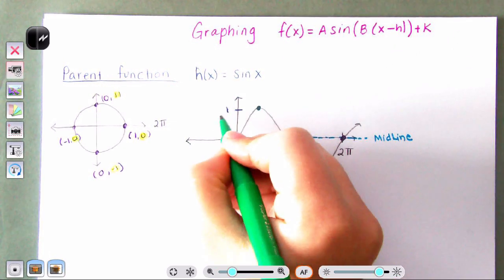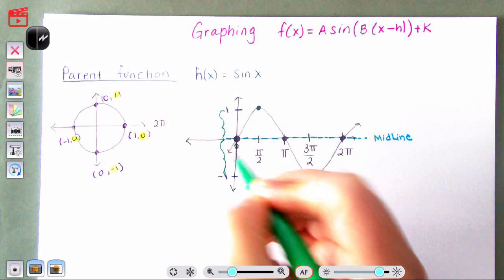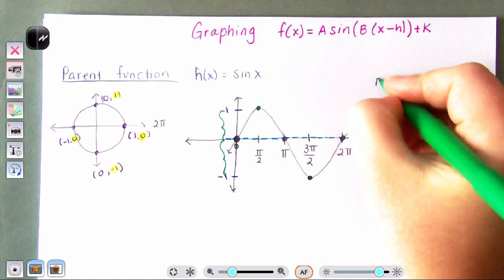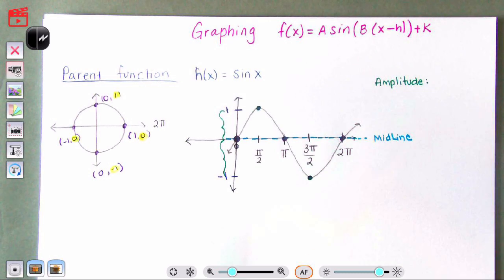Now, how do you know what this is? This distance right here is your amplitude. Okay, so this is your amplitude. Now, your amplitude is the distance above and below your midline divided by 2.